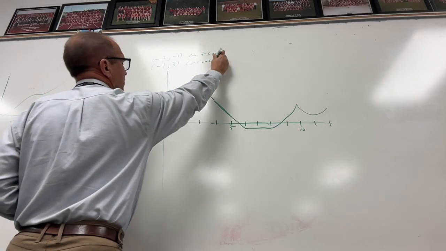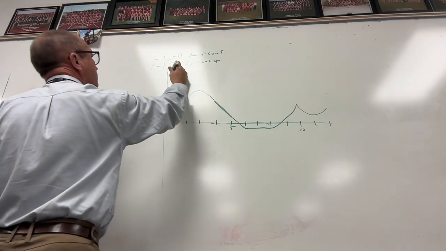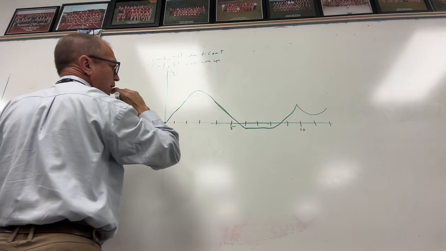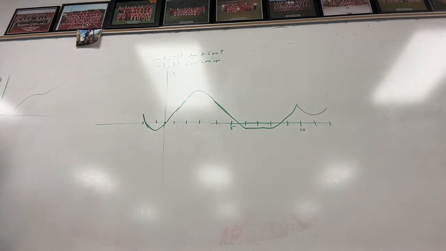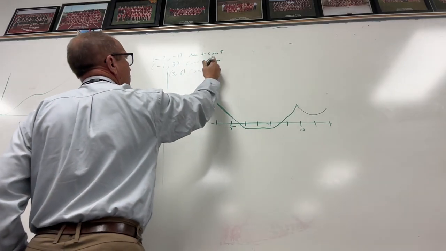And then from 3 to, what would that be, 6? You're telling me. Yes, from 3 to 6, it would be decreasing and concave down.